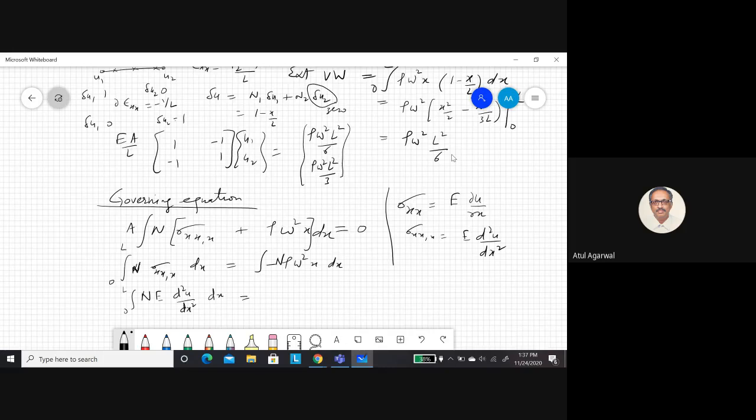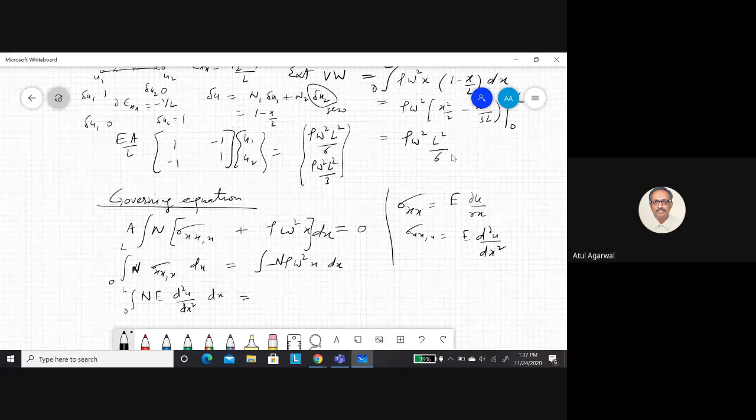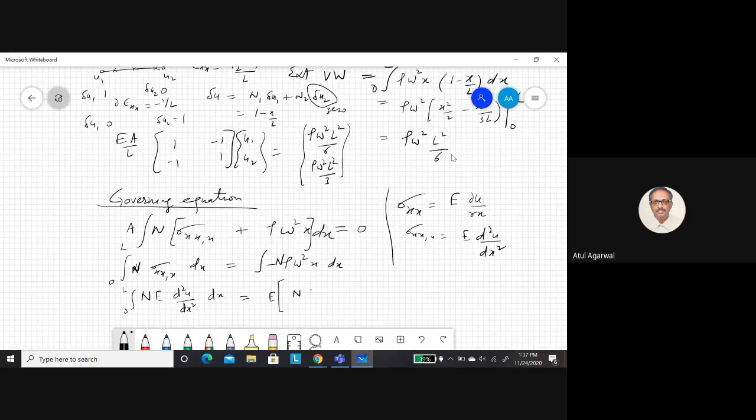So if you integrate it, what do you get? You can take E outside the integral sign. This integral will be n du by dx from 0 to L, minus the integral of dn by dx du by dx. This is the full integral.